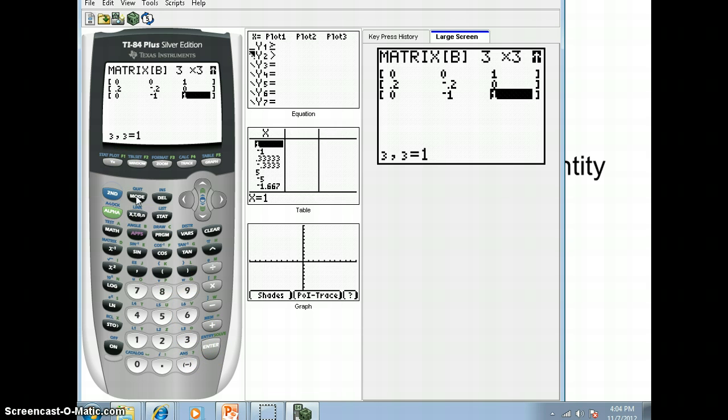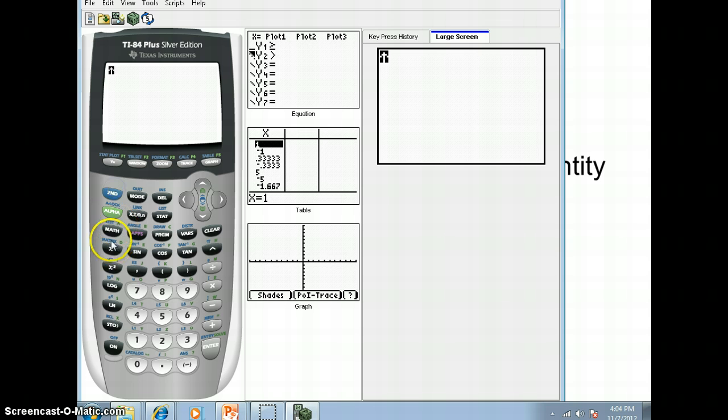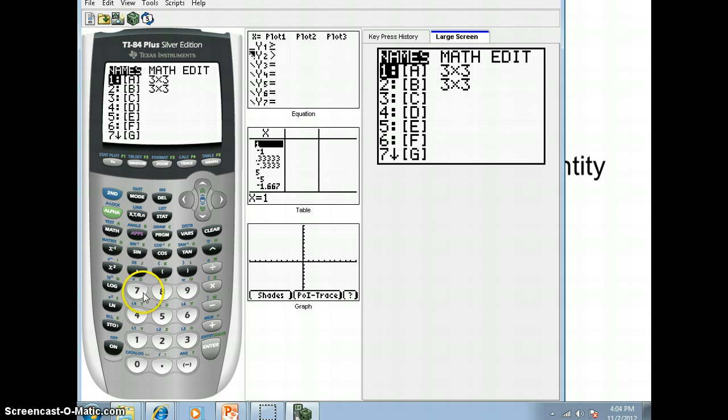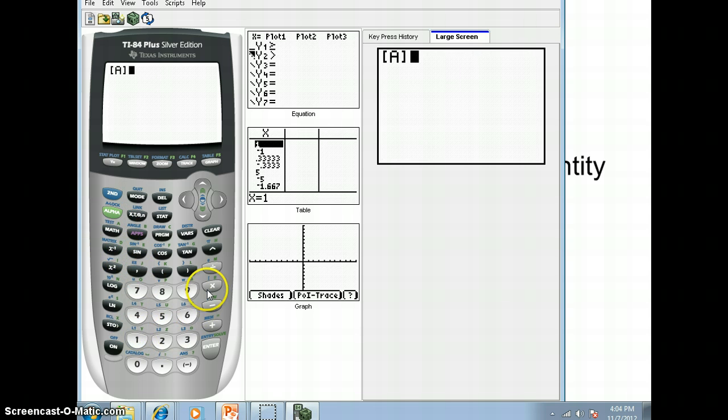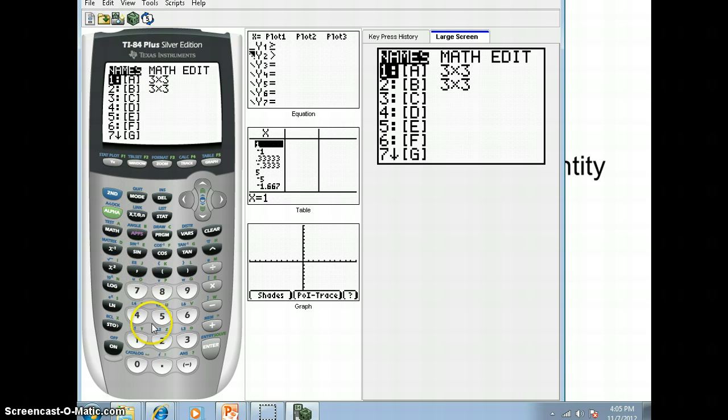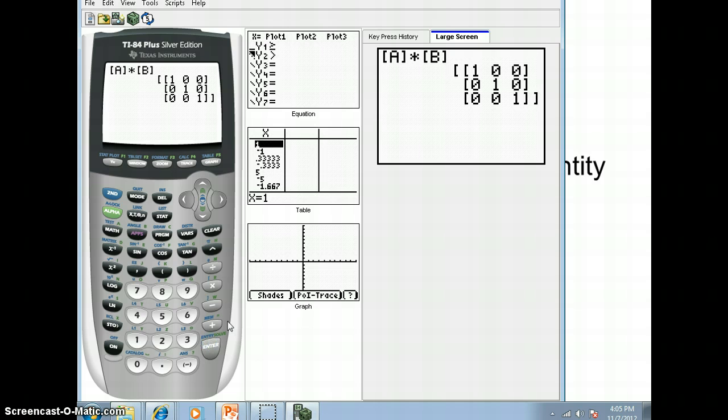Okay, so what I'm going to do is I'm simply going to tell my calculator then to multiply matrix A times matrix B, and you'll see that I get the identity matrix when I multiply A times B.